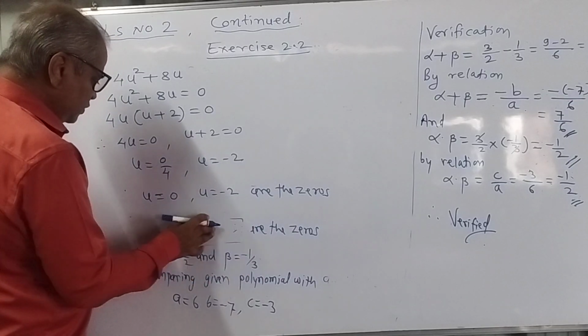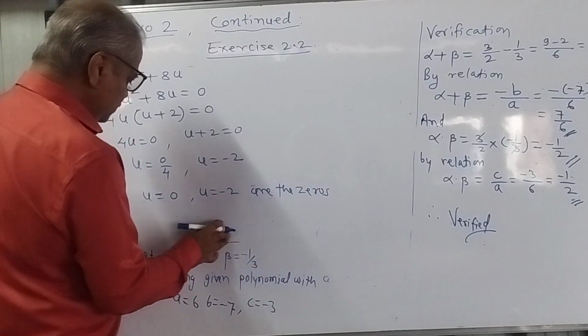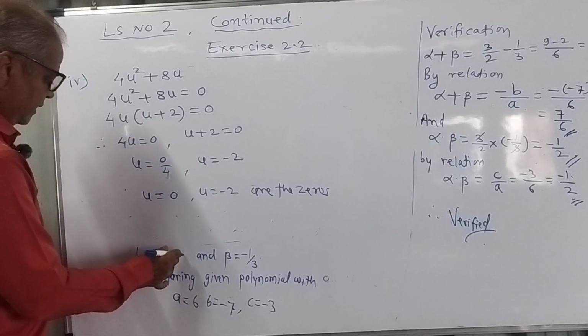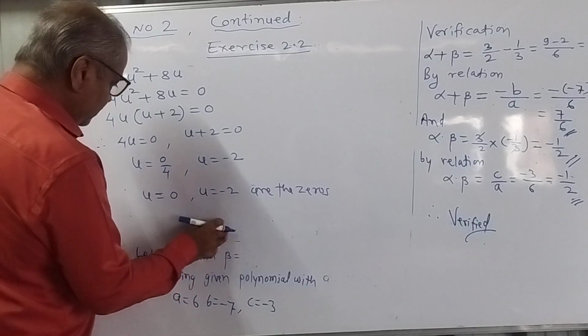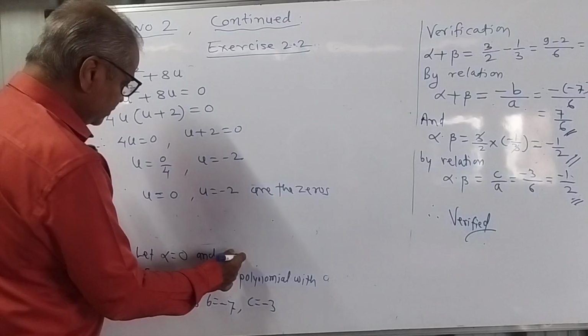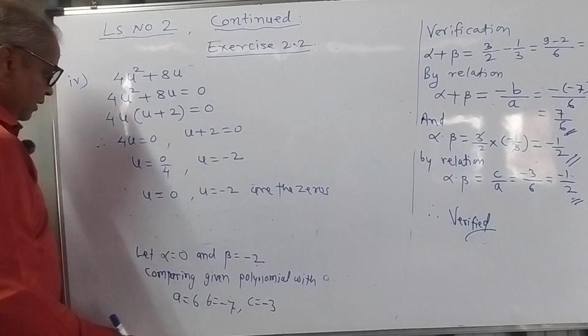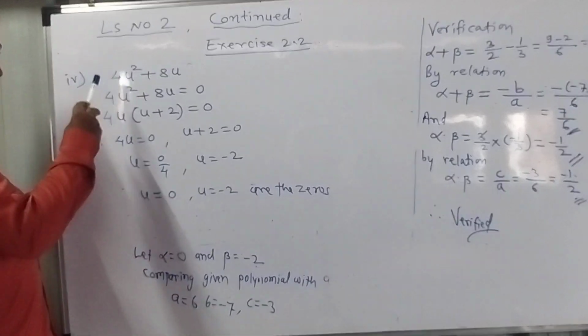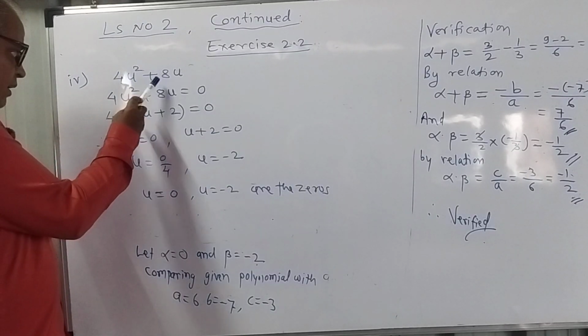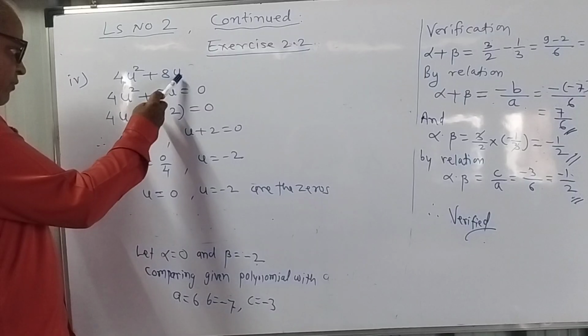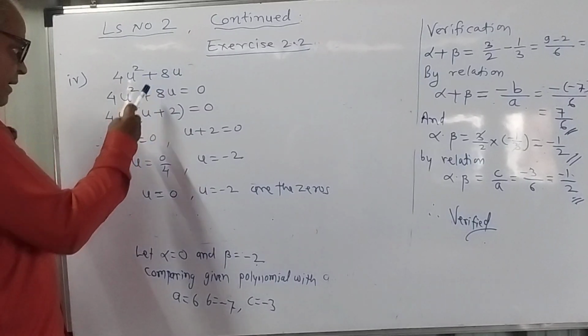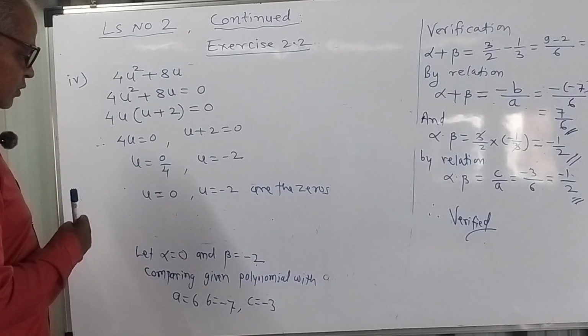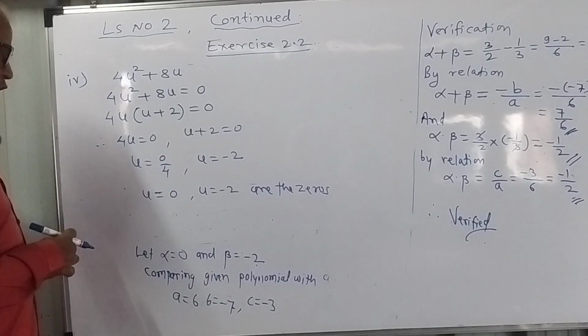Let alpha is equals to 0 and beta is equals to minus 2. One zero is alpha and another zero is beta, that is minus 2. Now if we want to compare this polynomial, here the square term is 4u square, the variable term is 8u with coefficient 8. There is no constant term, so we can write constant as 0.